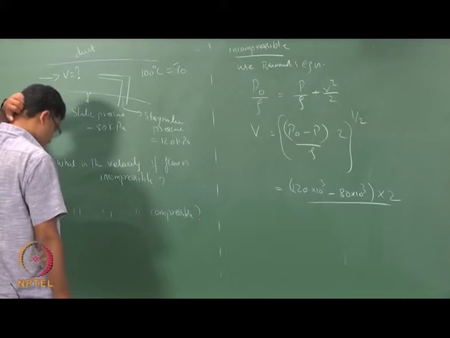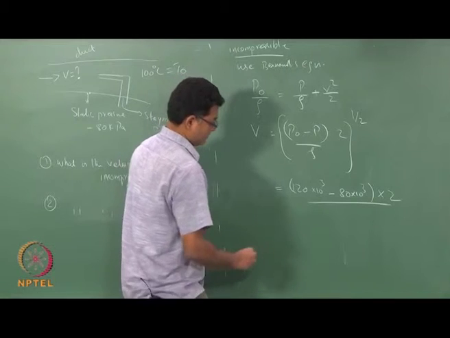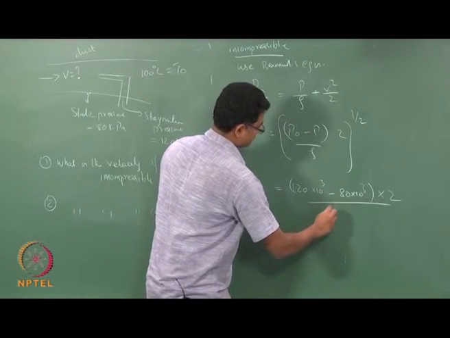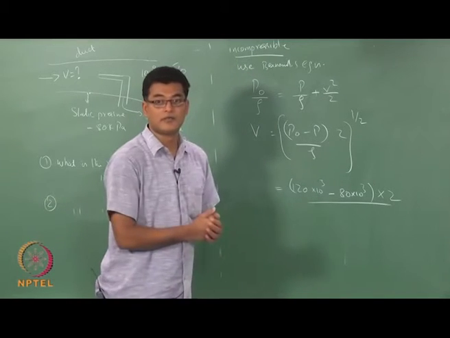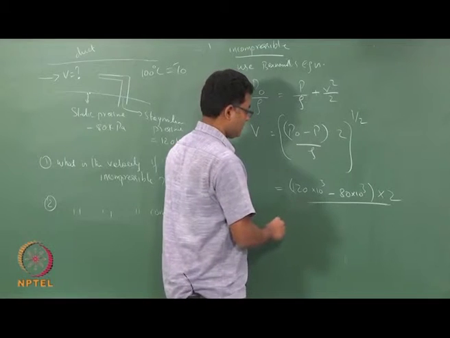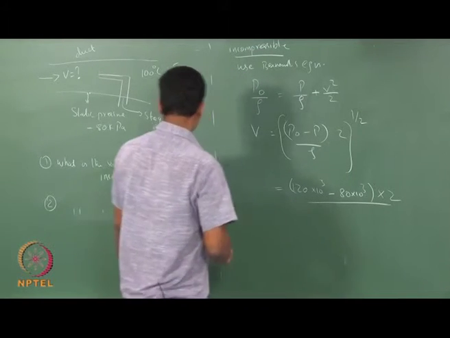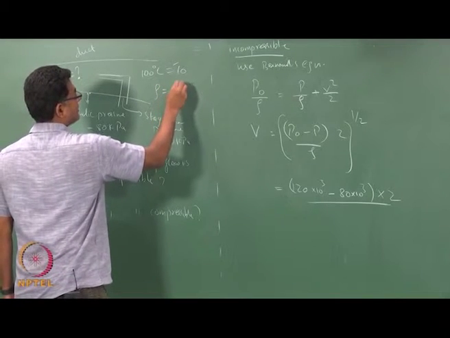We can assume perfect gas. So, density is okay, 1 point.